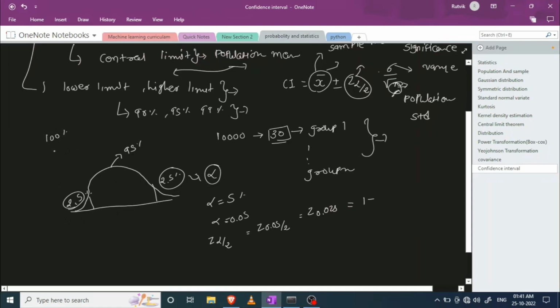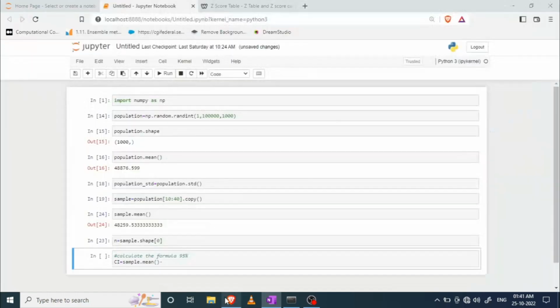And if we want to subtract this 5% and we want a region of 95%, then we subtract like this: 1 minus 0.05. So here 0.025, and I got a value which is 0.975, right?